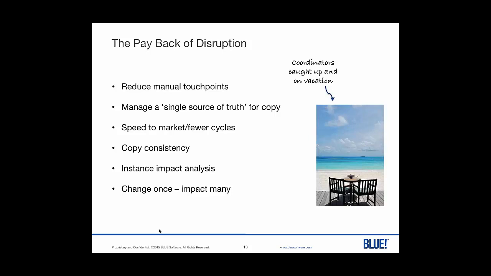And then just by default, if you do introduce the first two bullets, then you will get speed. You'll get better speed to market because you'll have fewer cycles, fewer reviews, and fewer things that need to be done on the artwork. And then lastly, the copy consistency.